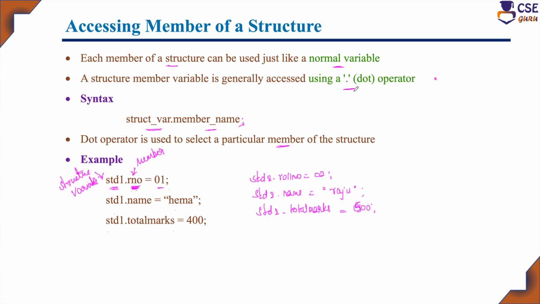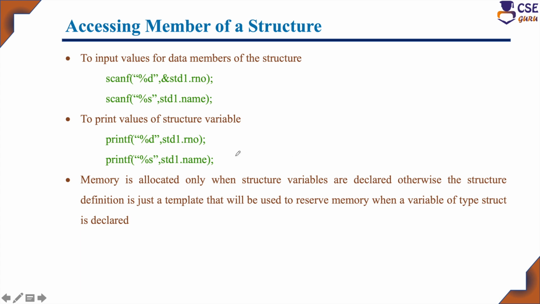So a structure member can be accessed with the dot operator. If you want to input values to the members of a structure, you can use the scanf statement like normal variables. If you want to print, use the printf statement. For the roll number, you have to use %d, ampersand, student 1 dot roll number.